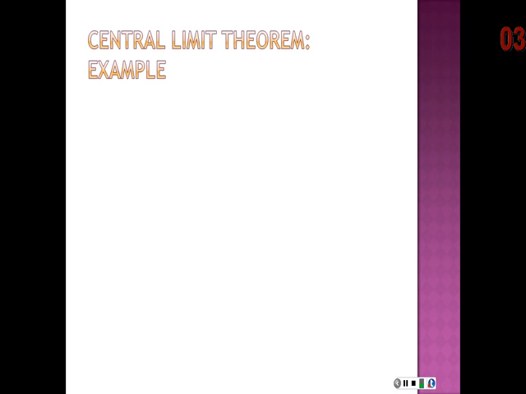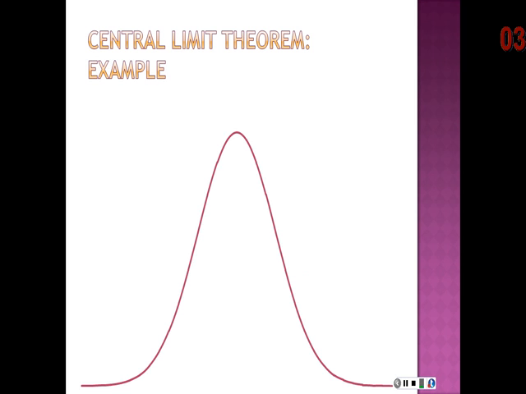So let's use an example of central limit theorem. This is our normal bell curve, and let's say this is the population. What central limit theorem says is that you may be able to take a sample of that population, but the sample may or may not completely add up to the population. So this might be your sample right here. It might have a similar shape, but it's not the same as the population.